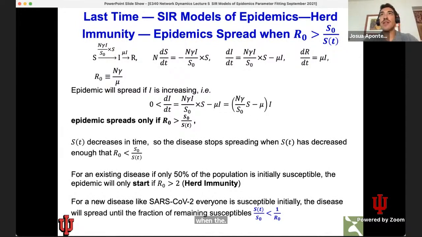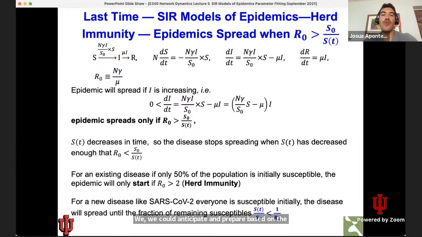And from a public health policy standpoint, if we knew what the parameters of the model are, and we had some confidence in those parameters, we could anticipate and prepare based on the information that we can get out of the model.